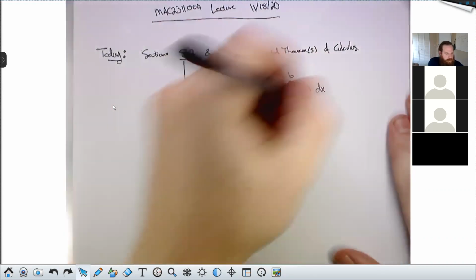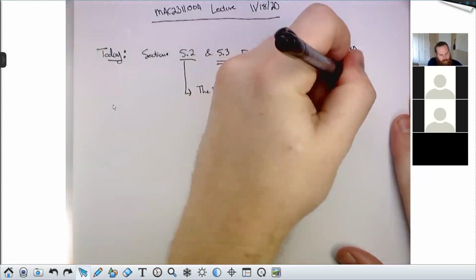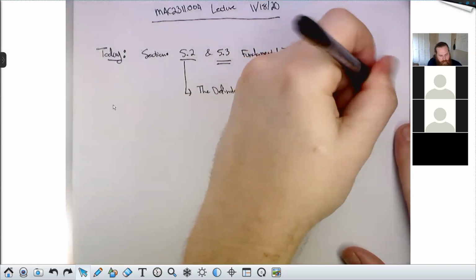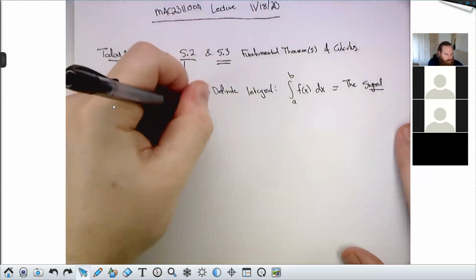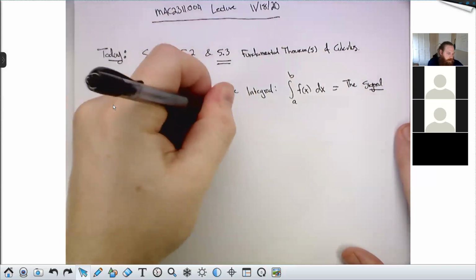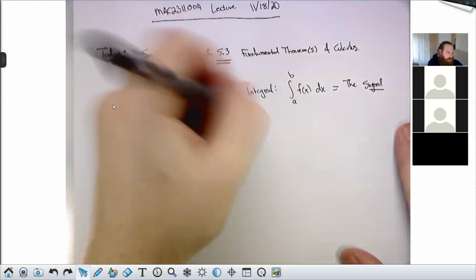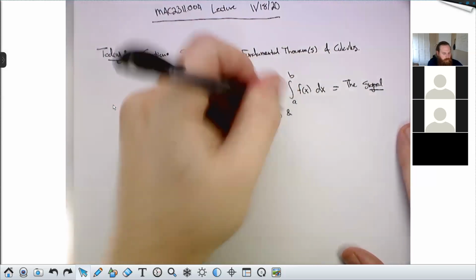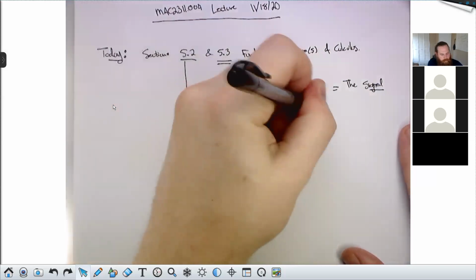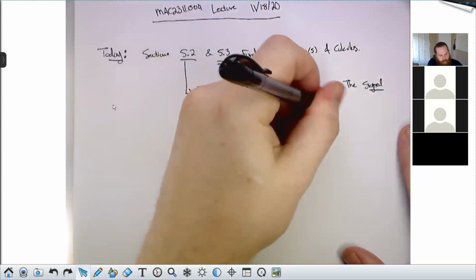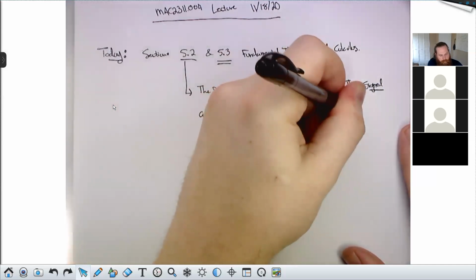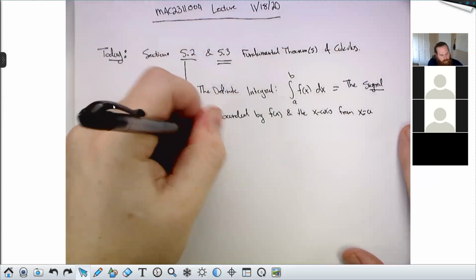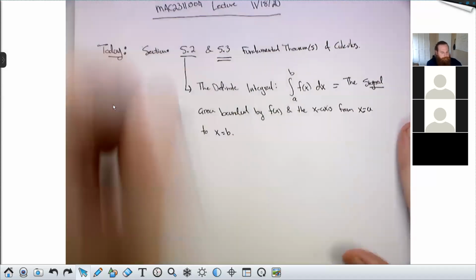This measures the signed area bounded by f of x and the x-axis from x equals a to x equals b.